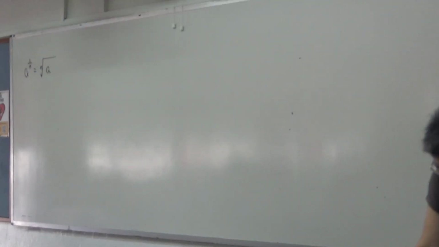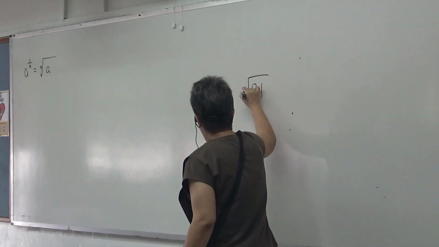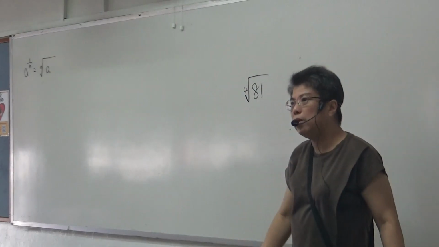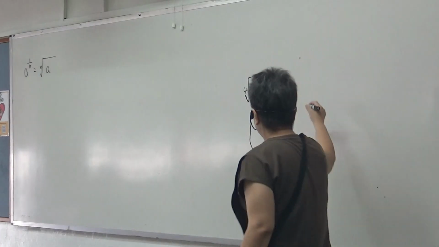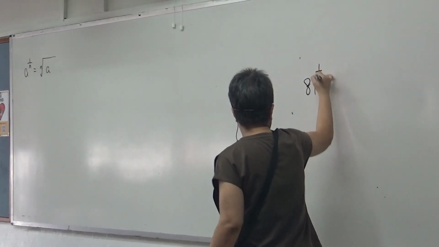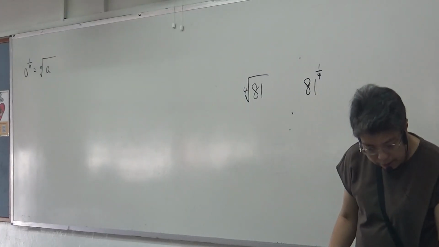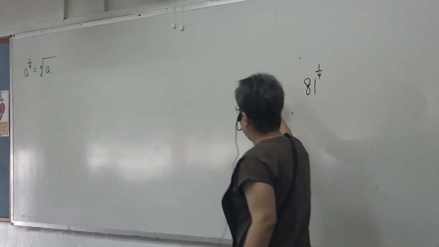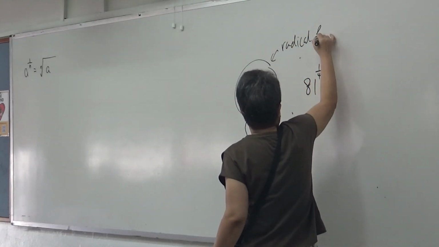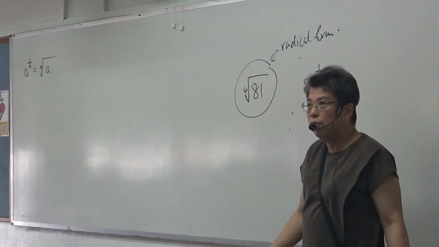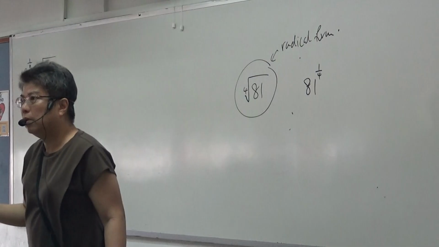Okay? So, if I write this, what does this mean? The fourth root of what? 81. Or I can also write this as 81 to the power of 1/4. Is that clear? Okay, now, when you write something in this form, it is called what? Radical form. Radical form means there must be a square root, a cube root, or fourth root, fifth root, or whatever root.